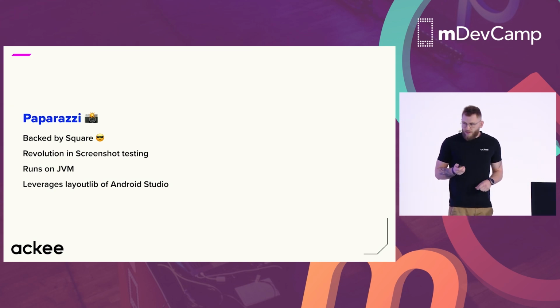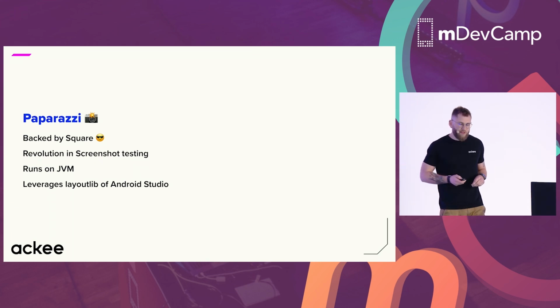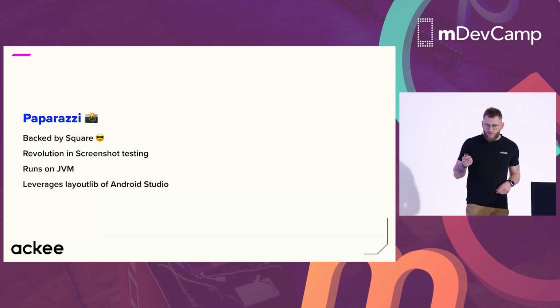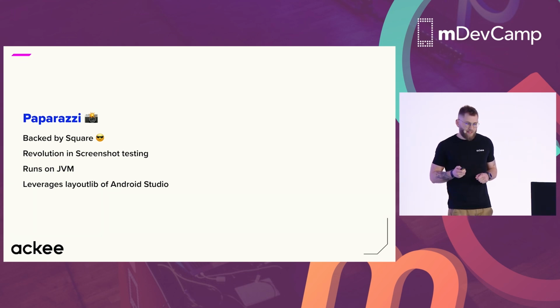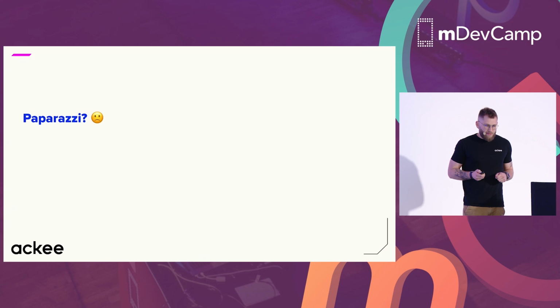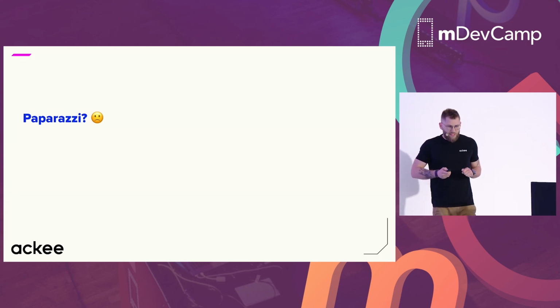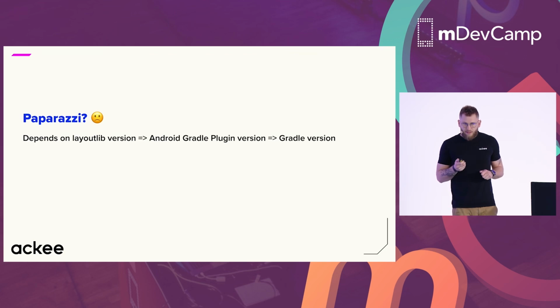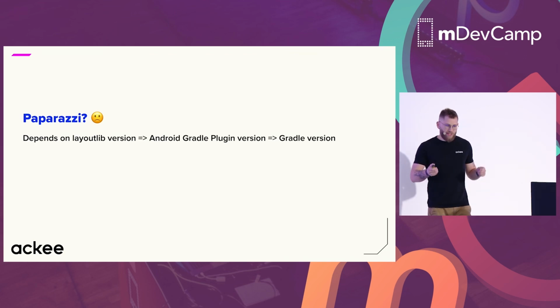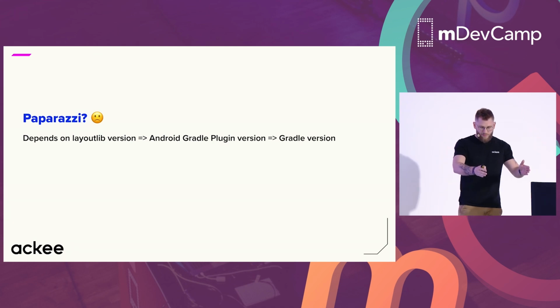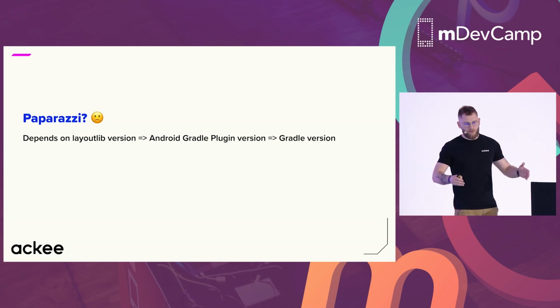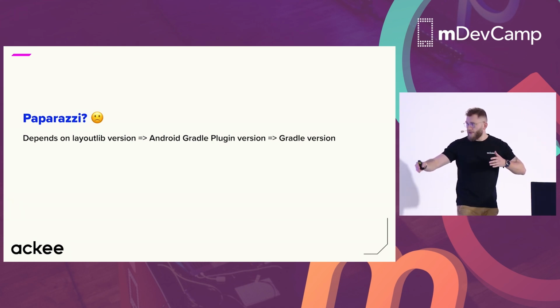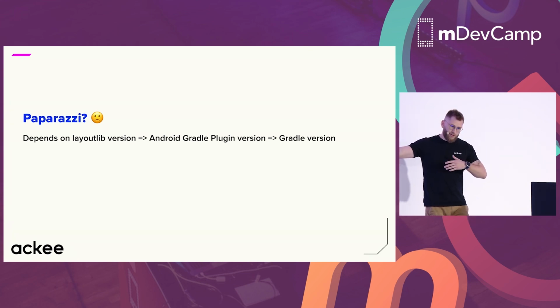But I waited. This talk was, I think, in October, and I waited almost a year for the 1.0 release to finally happen, because probably it's a pretty difficult task to pull off. After we tried it for several months, it turns out that this layout lib, which they use for the rendering, is also dependent on the Android Gradle plugin version, which depends on a Gradle version.